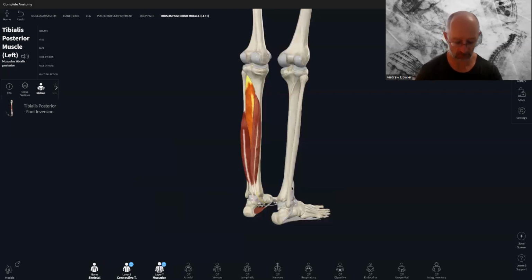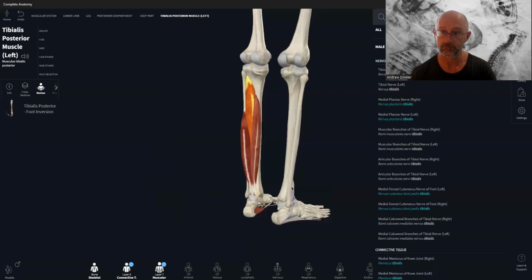We come back here and we put back our tibialis posterior. Let me do that for a second.